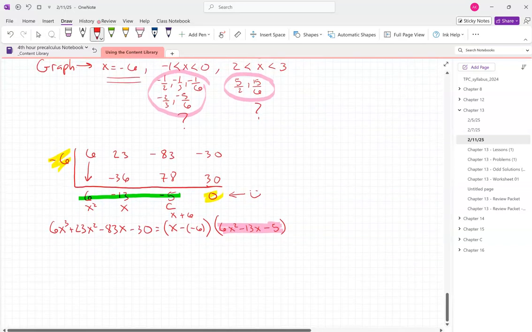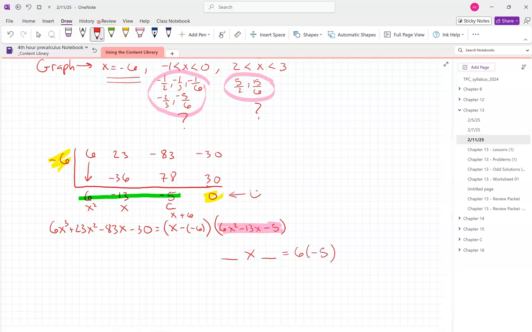So to factor this, I'm going to look for the two things that multiply to give me 6 times -5, and then add to give me -13. So what multiplies to give me -30, and then also adds to give me -13?